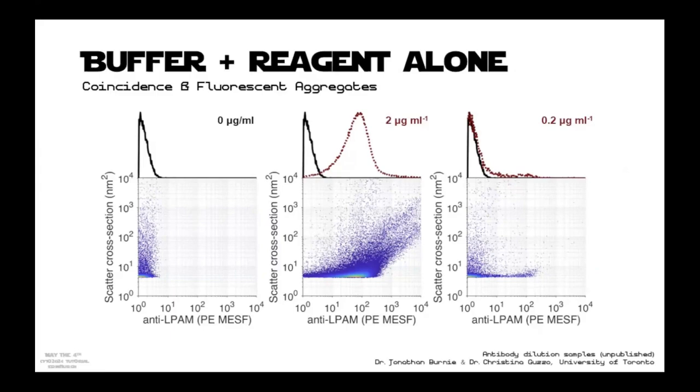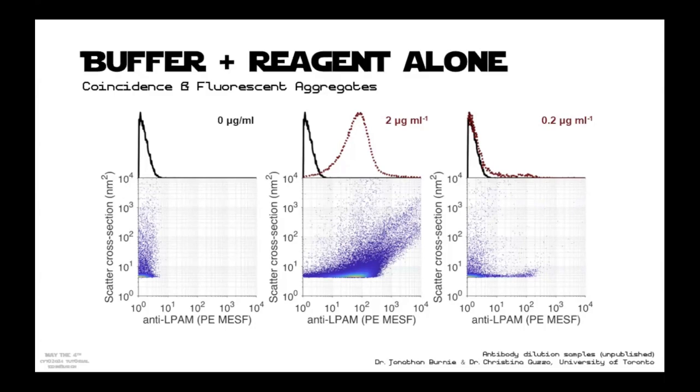Antibodies are generally nowadays QC'd and created for use with cells, and most companies do not QC those reagents for EVs. So it is very important for you to do your due diligence and check those reagents, because as you can see here, you can have a lot of particles just with the reagent alone, and as Josh was saying, that are fluorescent and can contribute to that fluorescent background.